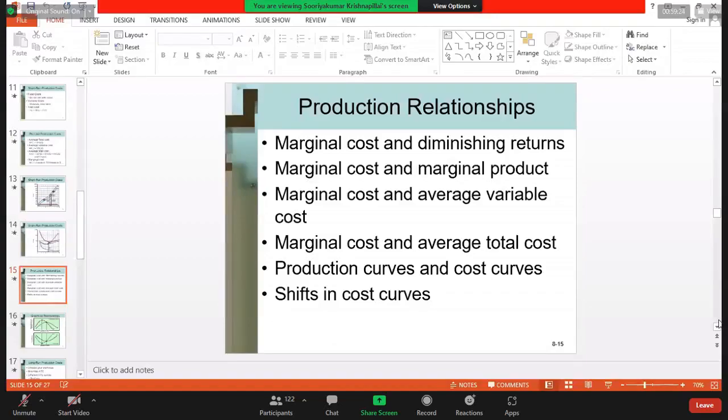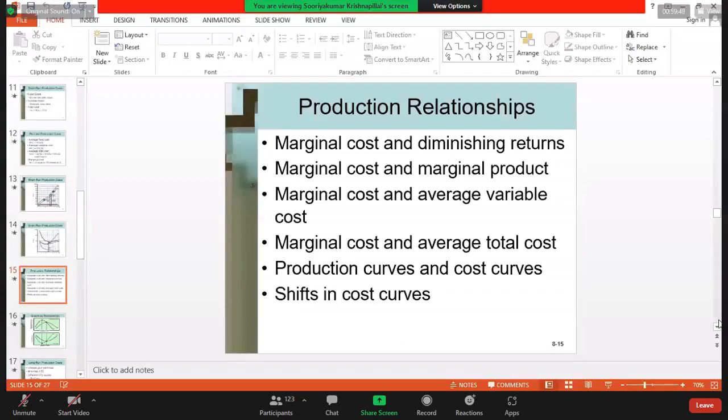Earlier, one labor wage was $10. Now, for one labor we have to pay $20. So marginal cost increases, average variable cost increases. Average total cost is the sum of average variable cost and average fixed cost. Average fixed cost is not changed because only the labor price changed.